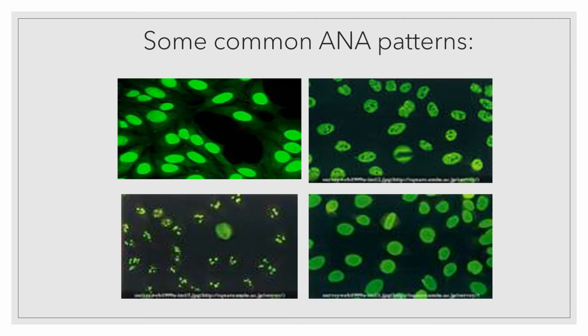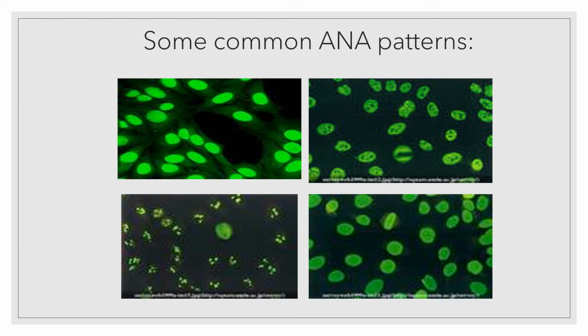So here we can see human epithelial carcinoma cells, and what is fluorescing in each of those images is the nucleus of those cells. Depending on the pattern that the nucleus will fluoresce, that is suggestive of certain autoimmune diseases. For example, in the top left image, the entire nucleus is fluorescing, so that's called a homogeneous pattern.